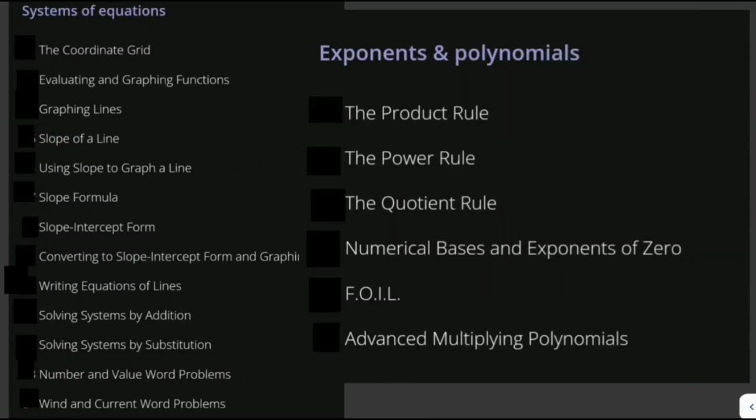And you also need to review exponents and polynomials, and the topics under this one are the product rule, power rule, quotient rule, numerical bases and exponents of zero, the FOIL method, and advanced multiplying polynomials.